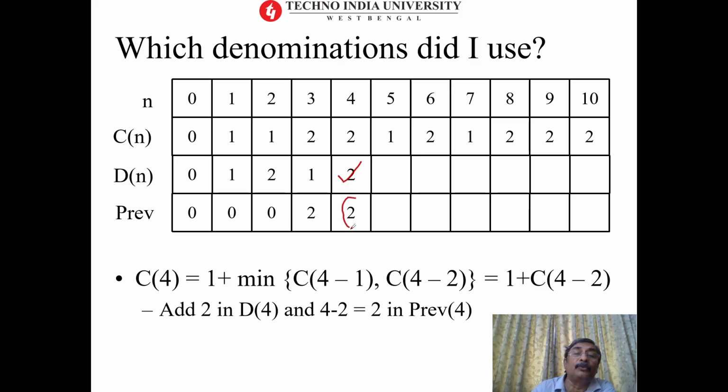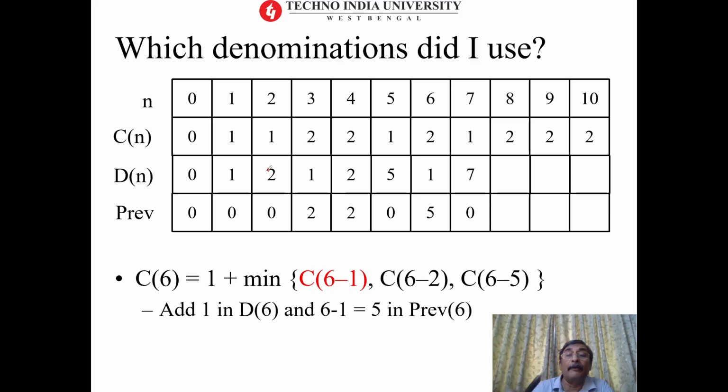An amount of 2 is remaining. Where can I find that? If I go here, I will find that one coin of denomination 2 was used to give the change. So one coin of denomination 2 and the other coin of denomination 2 are required to give a change of C4.